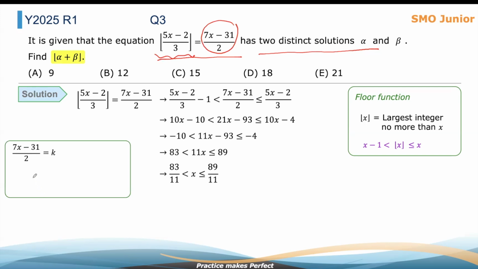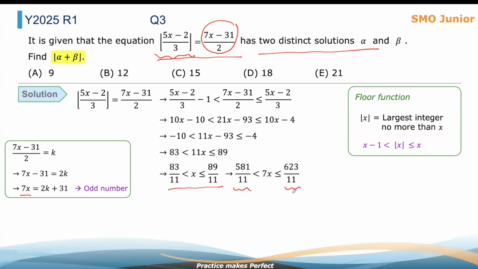So 7x minus 31 equals 2k. We can get 7x equals 2k plus 31. From here, we can see 7x should be an odd number. So from here, we multiply by 7 to these 3 parts. Write these two fractions as mixed numbers.